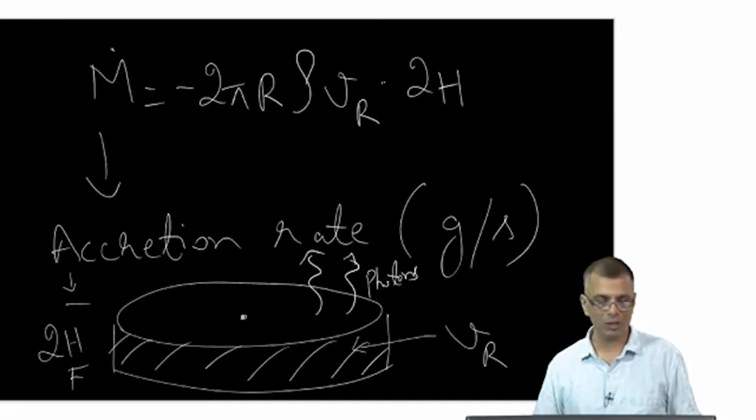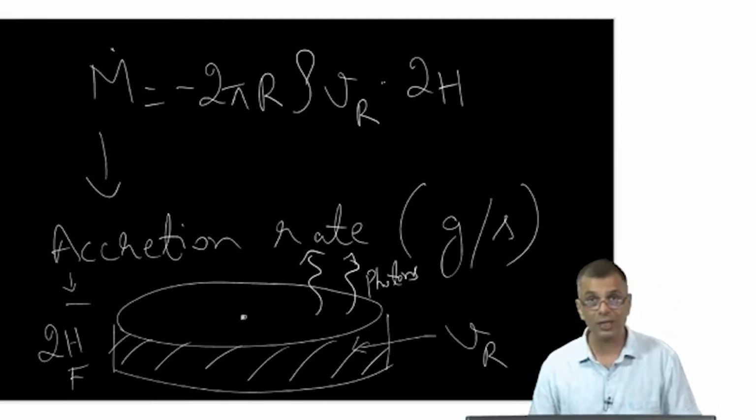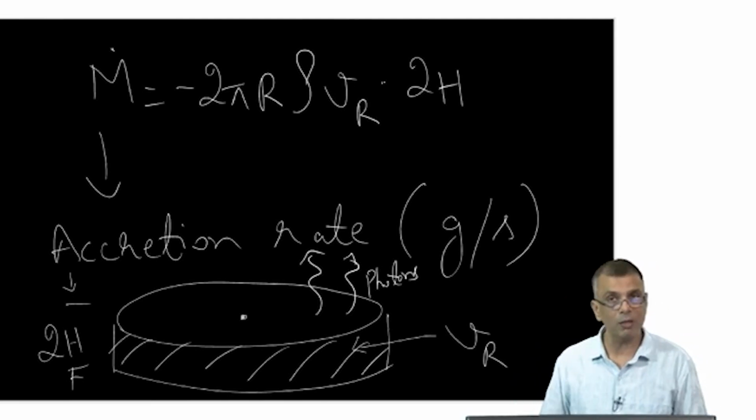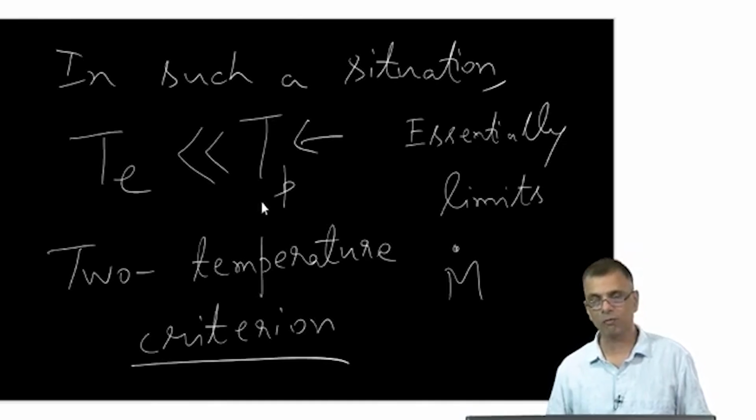Okay, the point I'm trying to make is that although we have been talking about accretion disk viscosity and how important it is to the entire accretion process, many times it becomes a slightly complicated situation, especially for plasma such as a two temperature plasma, and in situations where the proton temperature is very high, say in excess of about 10 raised to 11 to 10 raised to 12 Kelvin.